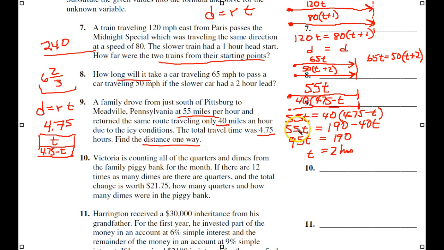I transpose that, and it adds up to 95t equals this. My time is 2 hours. Yes, but they want distance. Well, I go 2 times 55 here, 110 miles is the one-way distance. Okay?